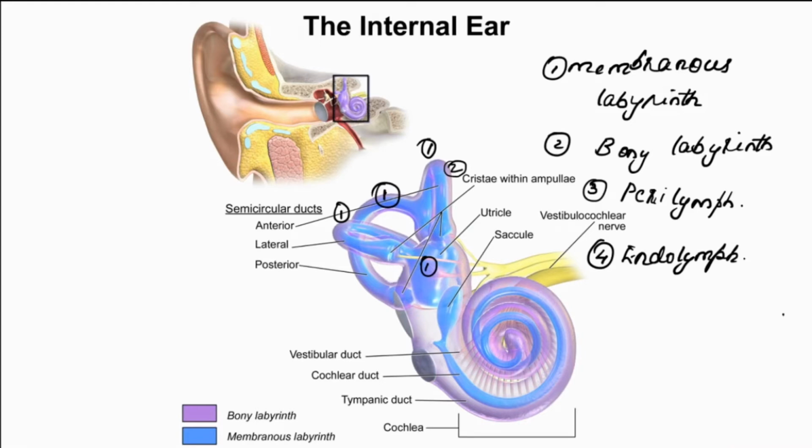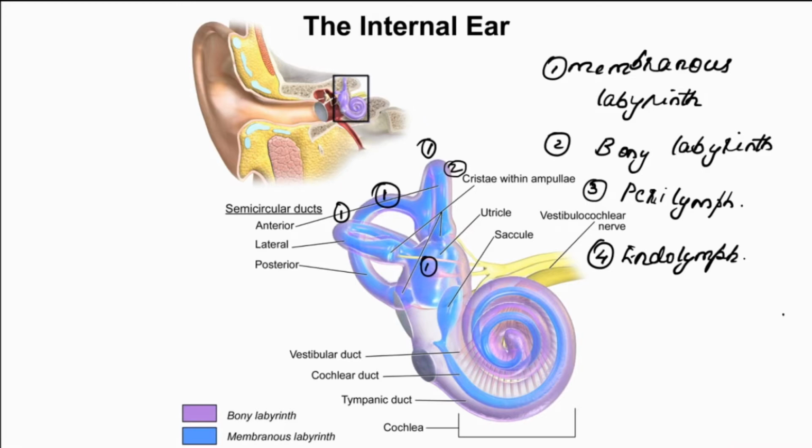The inner ear consists of mainly two important components: one is the membranous labyrinth, and the other is called the bony labyrinth.